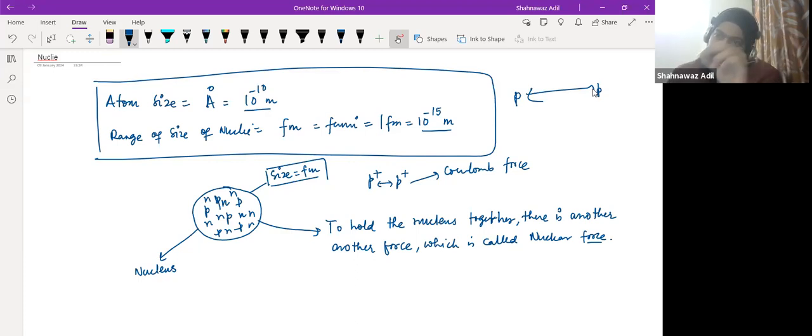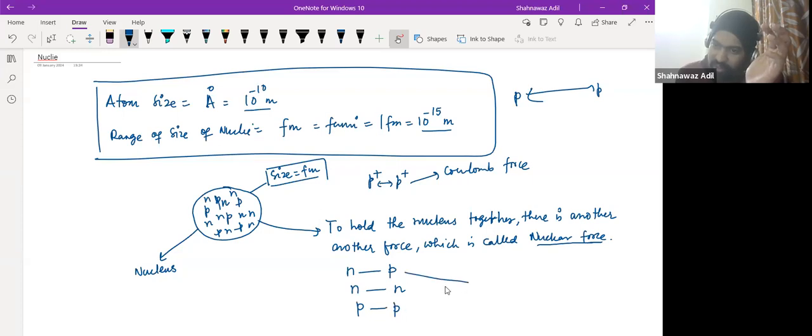Because this nuclear force acts between neutron and proton, between neutron and neutron, and between proton and proton. So all these three will have nuclear force.